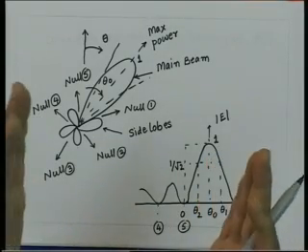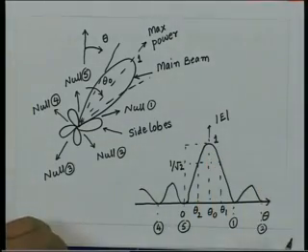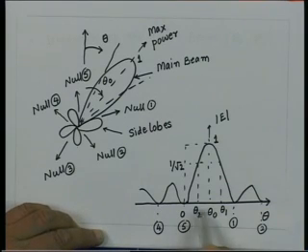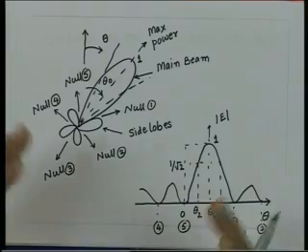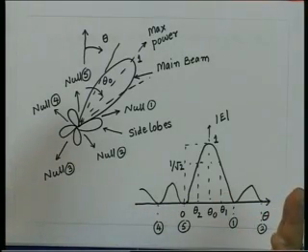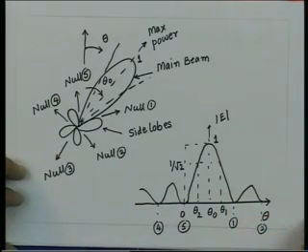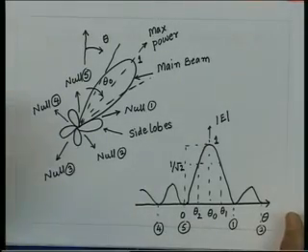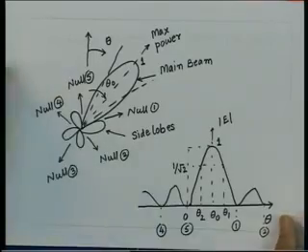The power is going effectively over this sector. So, we define this beam width, theta 1 minus theta 2, as what is called the half power beam width of the antenna, and that is the effective width over which the antenna is sending power along the main beam.